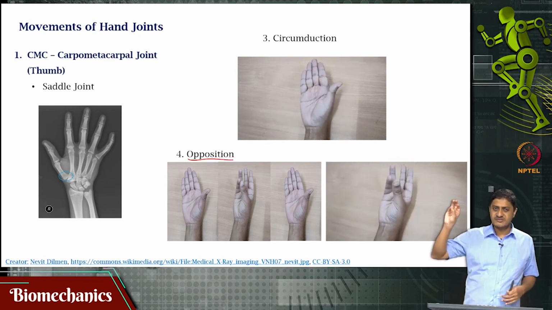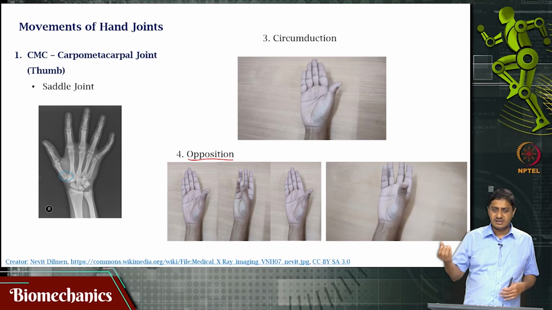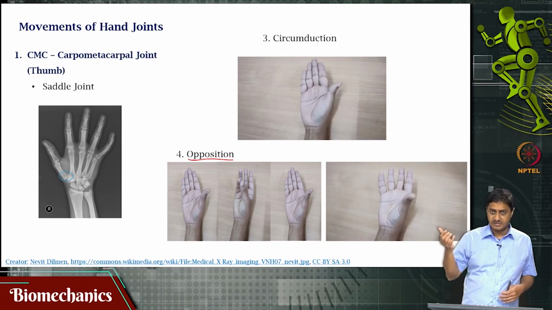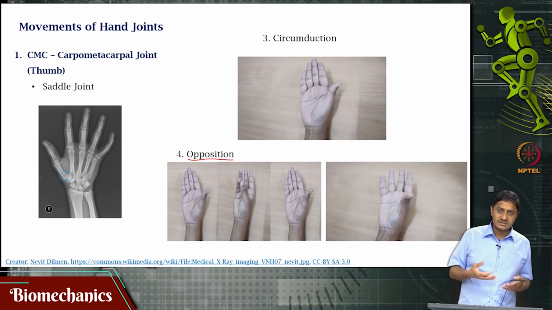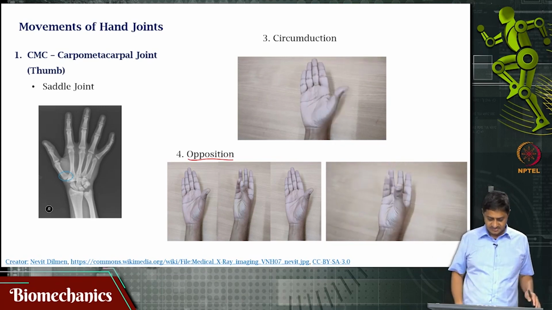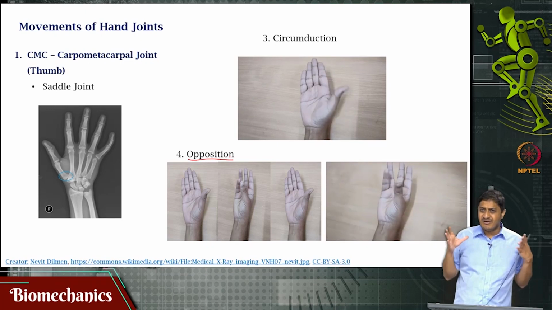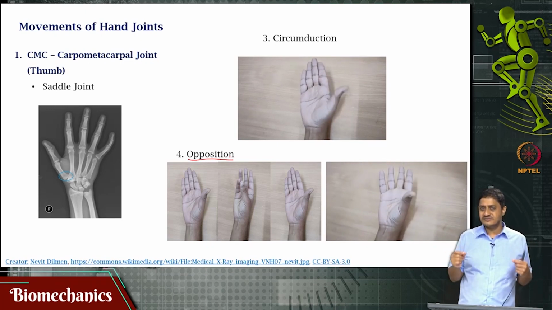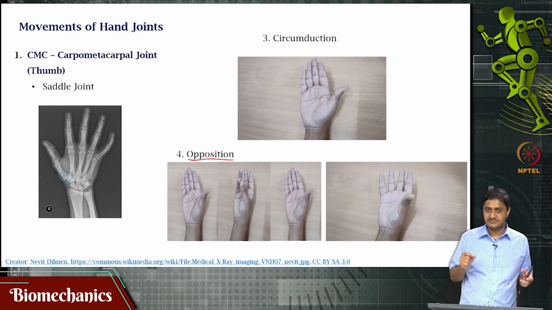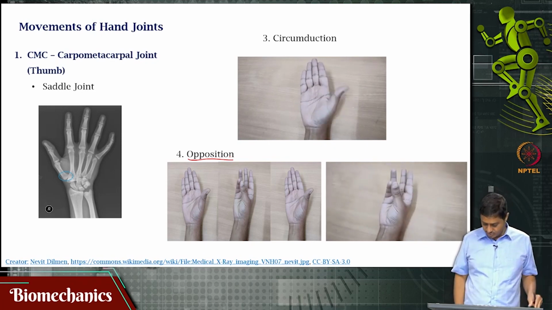This is also a combination of flexion, extension and abduction, adduction, depending on in which direction you are moving, toward the digit or away from the digit. It is a combination of the two. Perhaps all of this comes from the nature of the saddle joint of the CMC or the carpometacarpal joint, such a very well movable joint.